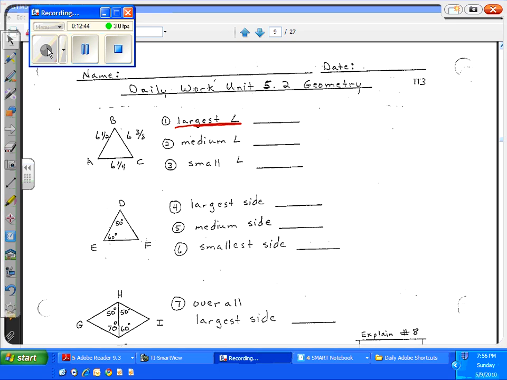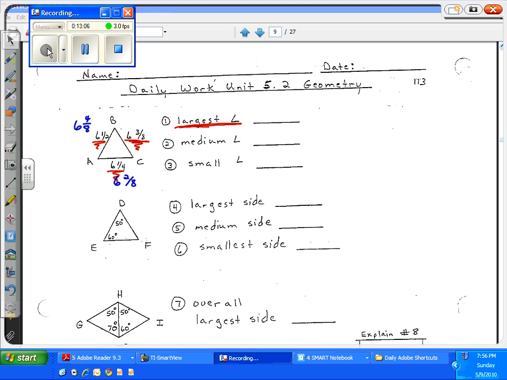We want the largest angle. Well, how are we going to find the largest angle? We're going to look opposite the largest side. Now, to compare these, we need to find a common denominator or change them to decimals. A common denominator would be eighths, and so a half would be 6 and 4/8.